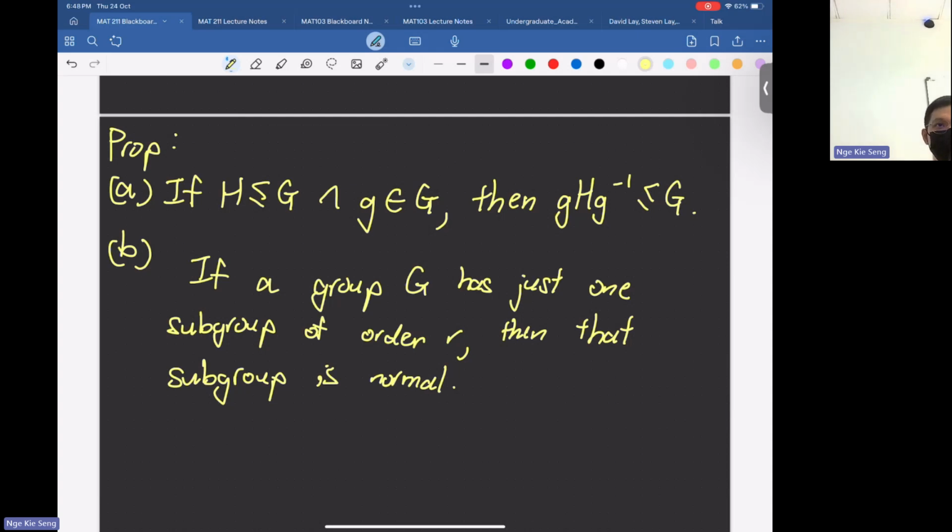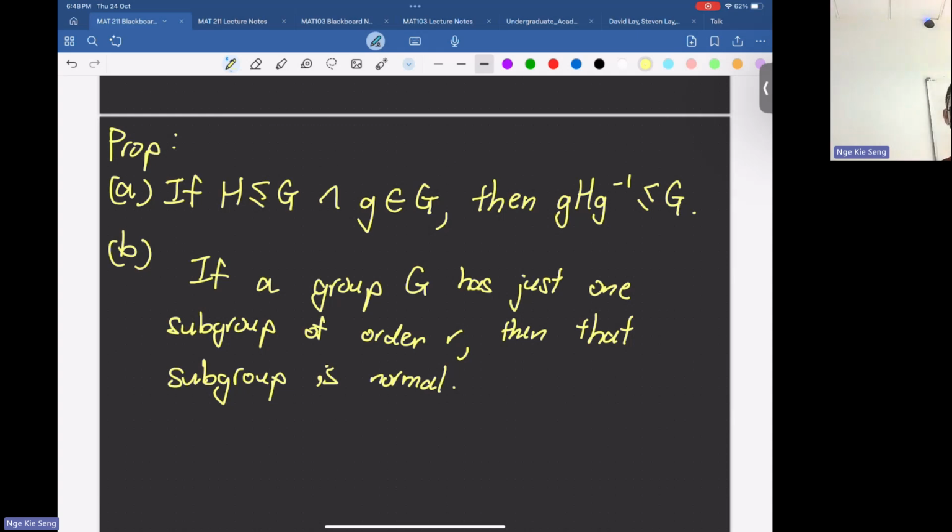The problem is that for this R you only have one subgroup of that order. Does this sound strange? It's not that there are no other subgroups, but no other subgroup of order R. Then this subgroup has to be normal. It's a bit strange, at least for me.